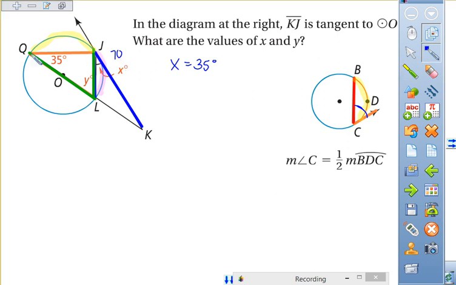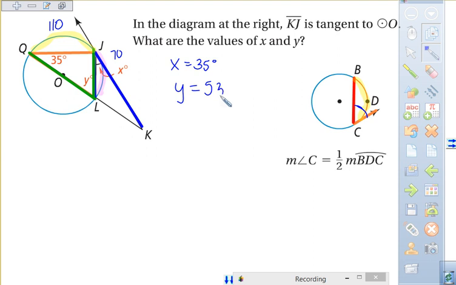Then I notice that Q to L is a diameter, so yellow plus pink should be 180. So 70 plus 110 is 180. Then half of 110 would be 55. So Y is equal to 55.